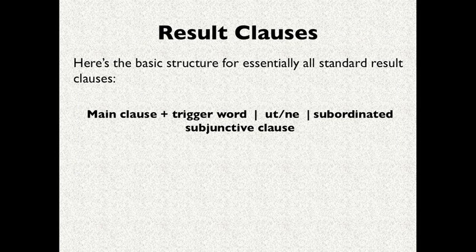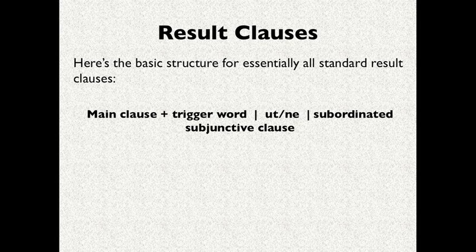So here is the basic structure for essentially all standard result clauses. You might see some variations in authentic Latin, which is fine, but for now, if you can master this structure, you'll be good to go. So we start off with a main clause, which usually contains one of those trigger words, or Tal and Tammy words, that I showed you on the previous page.